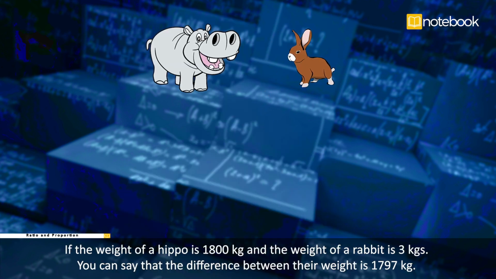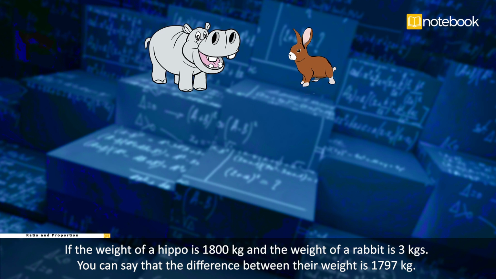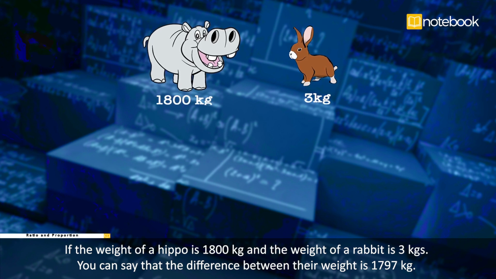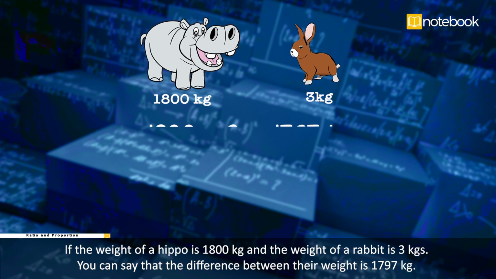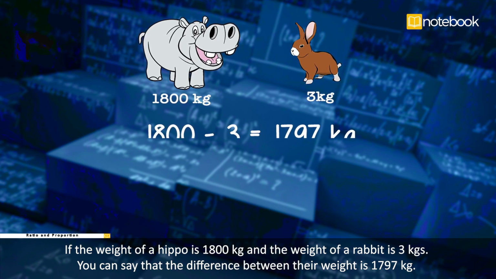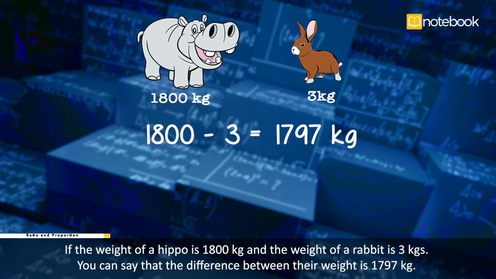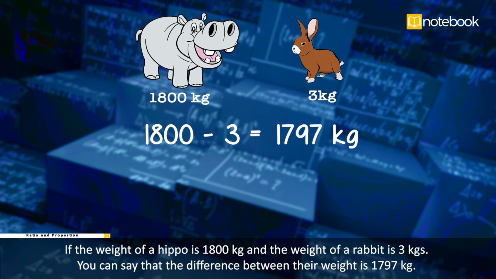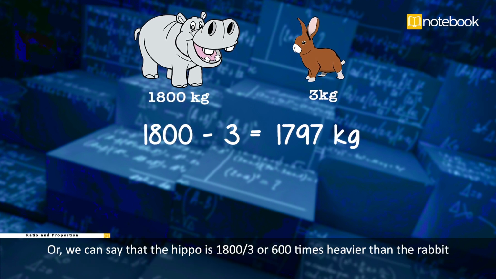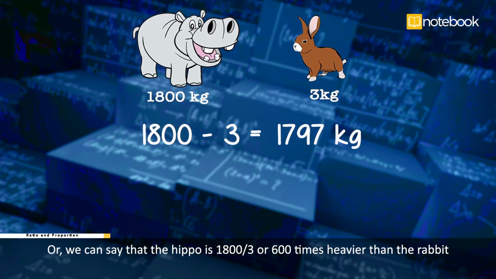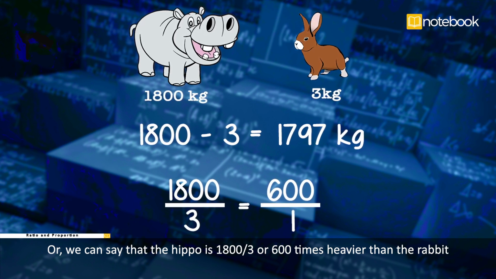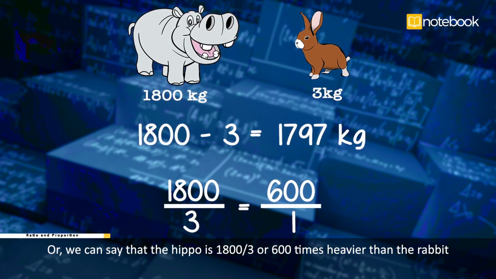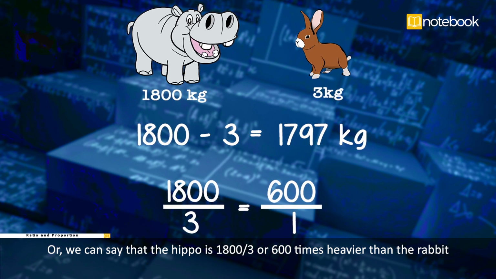If the weight of a hippo is 1800 kgs and the weight of a rabbit is 3 kgs, you can say that the difference between their weight is 1797 kgs. Or we can say that the hippo is 1800 by 3 or 600 times heavier than the rabbit.